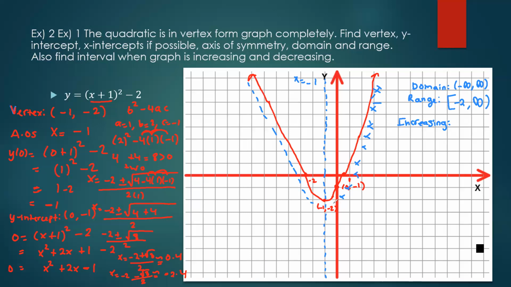For increasing, our smallest x value on this side is -1, and they don't include it, so I put a parenthesis, and then it shoots up to infinity. Decreasing is from the smallest x value, on this side, which is -infinity, and it stops at the x value of -1.